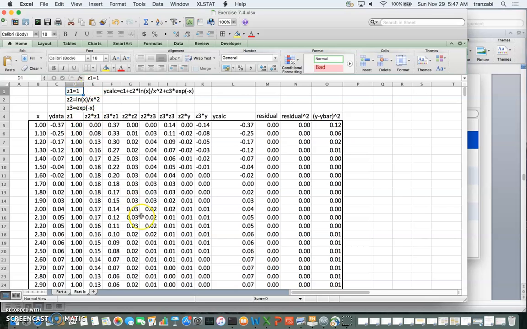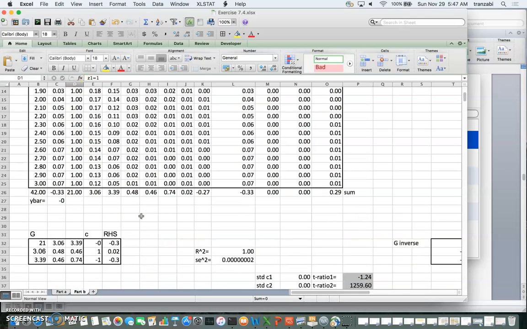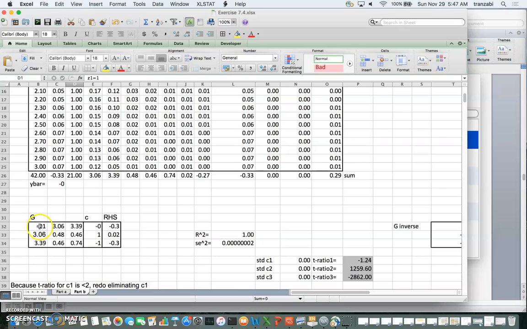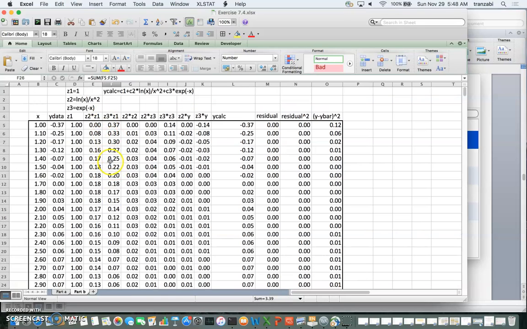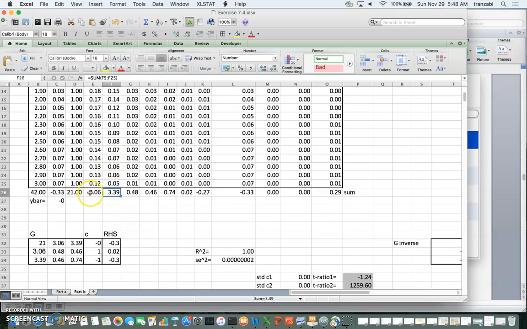Okay, so with this, we can go ahead and create the G matrix, right? So the first entry of G is going to be the sum of z1, which is just 21, because we have 21 data points. This one is z1 times z2. This one is z1 times z3, you see that? And so with these, we can go ahead and create a G matrix.